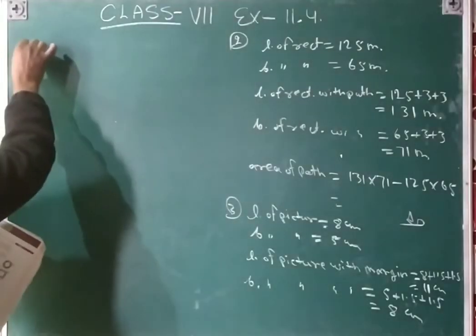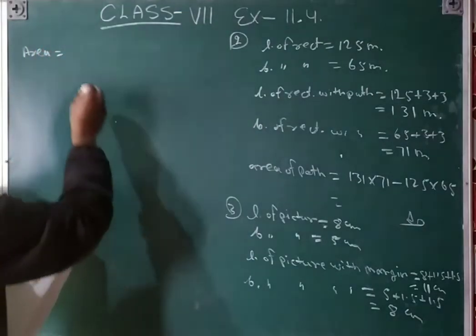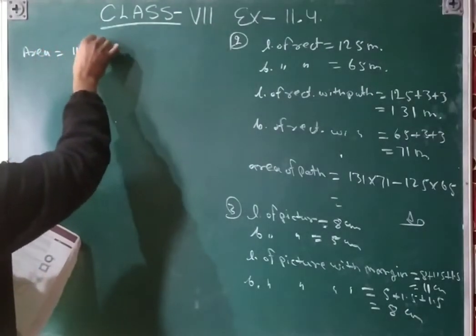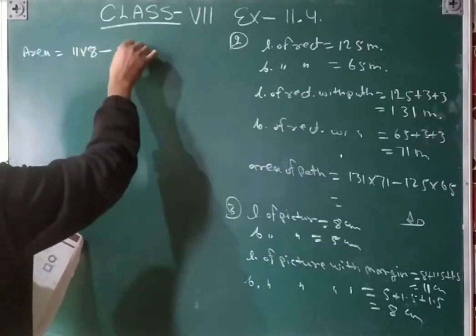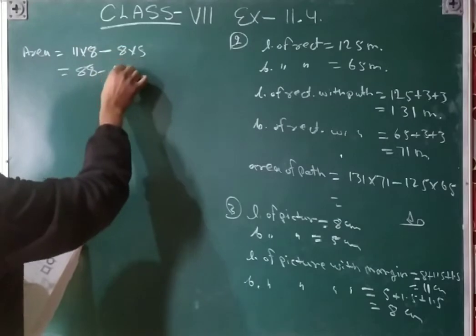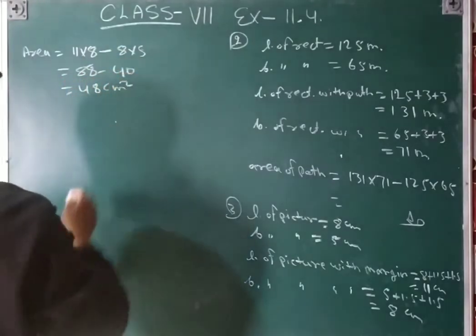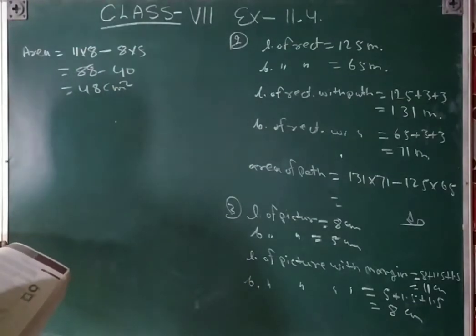So area of margin is equal to the area with margin minus the area without margin. So 11 into 8 is 88 minus 8 into 5, 40. So that 48 centimeter square is the margin.